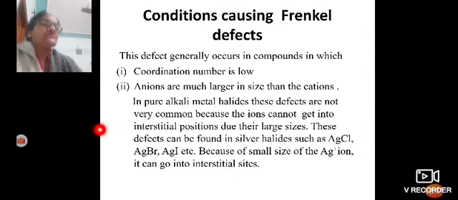These defects can be found in silver halides such as silver chloride, silver bromide, silver iodide, etc. Because of the small size of the silver positive ion, it can go into the interstitial sites.